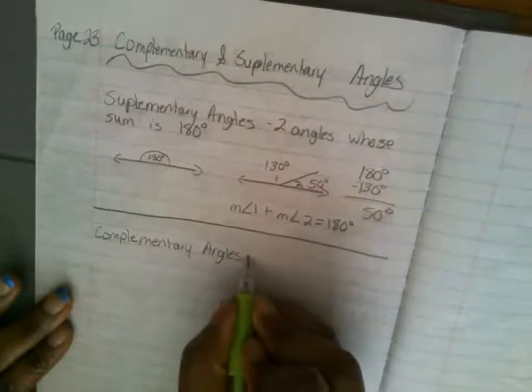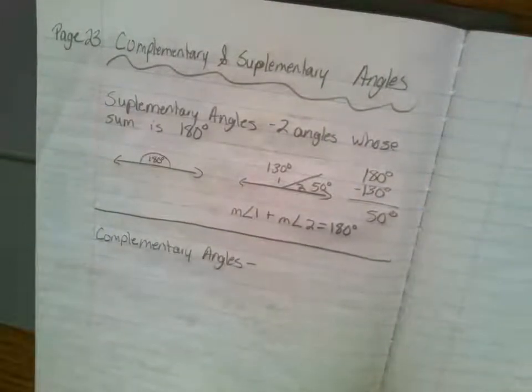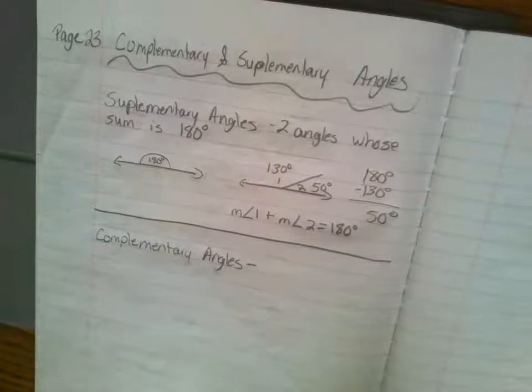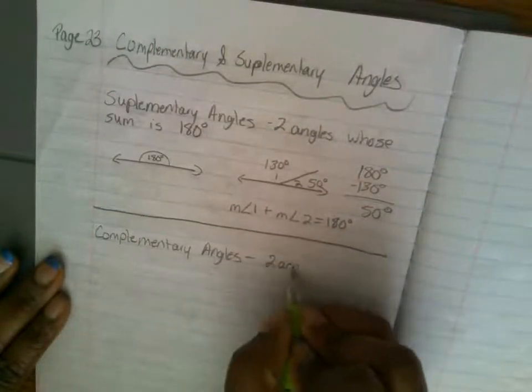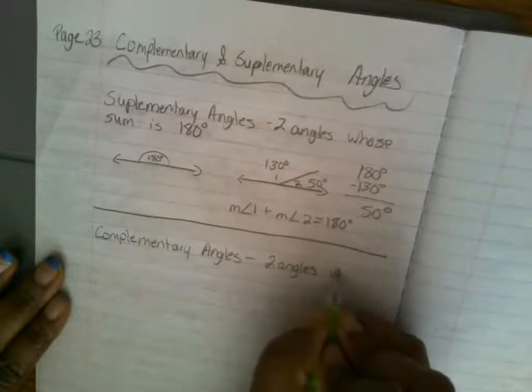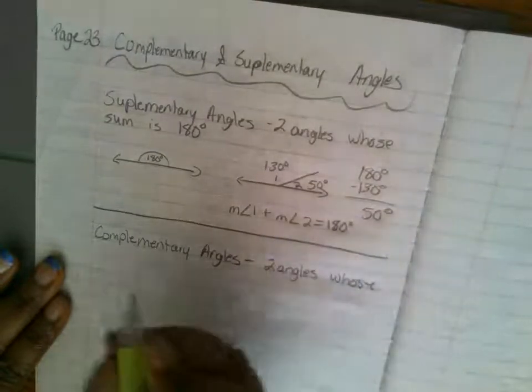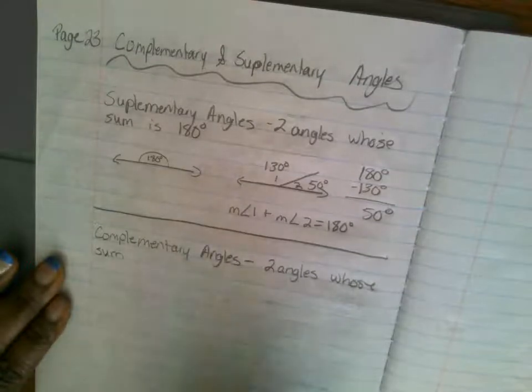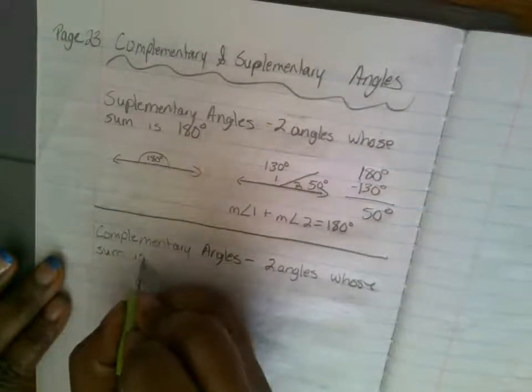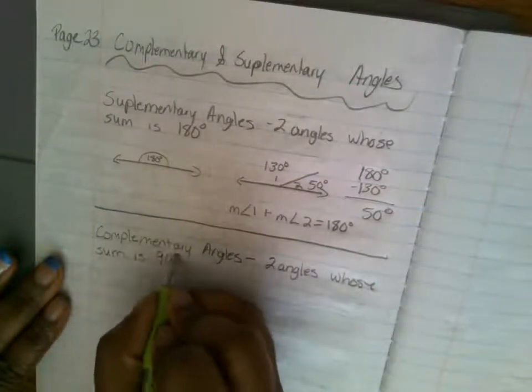The definition for complementary angles is two angles whose sum measures 90 degrees. Okay, so we have two angles whose sum is exactly 90 degrees.